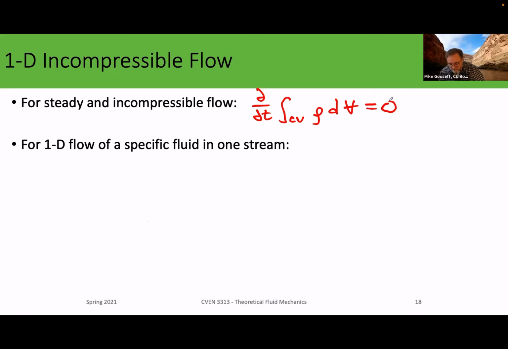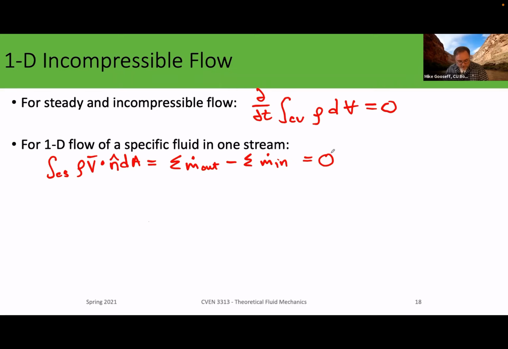And for 1D flow of a specific fluid in a stream, we would then write the integral over the control surface of rho v dot n hat dA is equal to the sum of the mass outflows minus the sum of the mass inflows, and this would basically be equal to 0, so that all of the mass outflows are equal to the sum of all of the mass inflows.